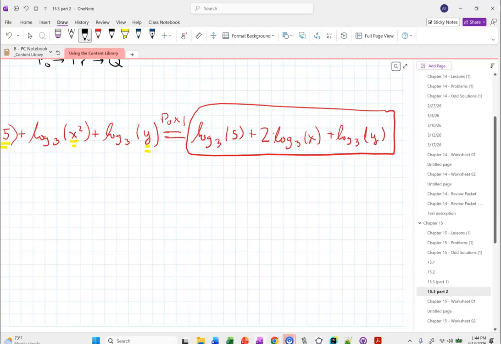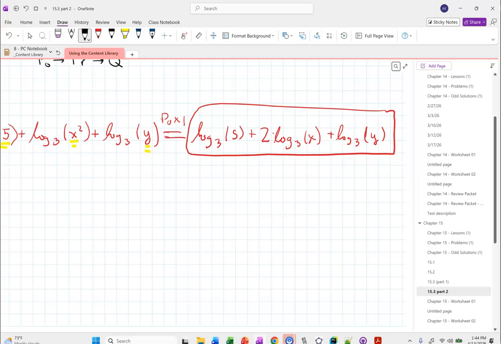So is the product and the power the answer? Your answer is what's boxed. So that's the idea for expanding: we're going to take one logarithm and break it up into as many logarithms as we can.